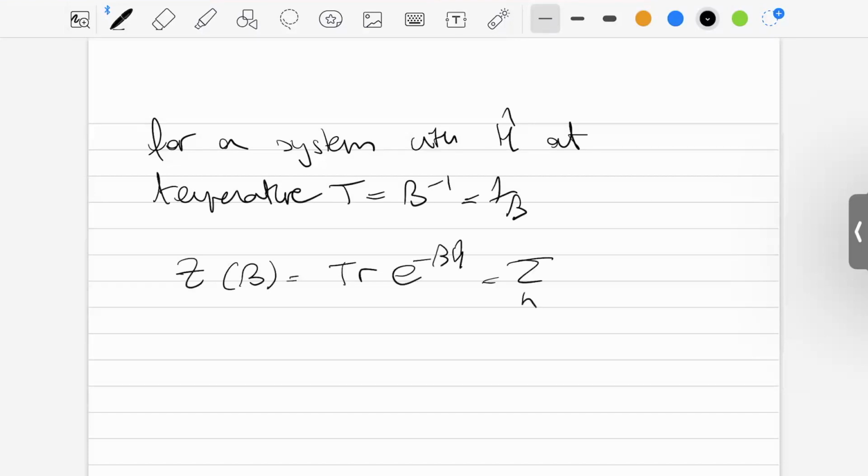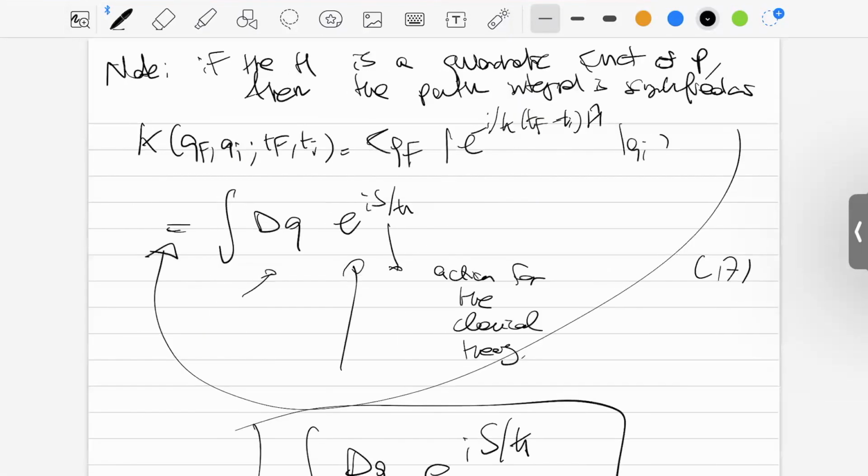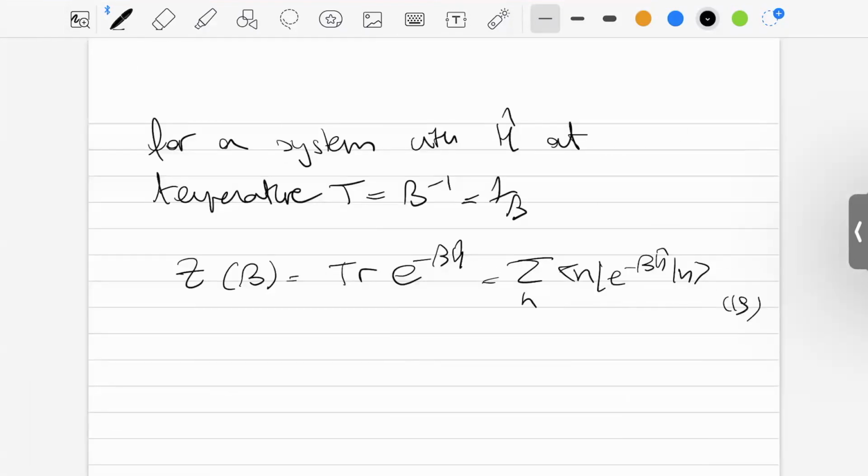A trace means it's a sum of all the diagonal entries. So this is equation 19, where these |n> form a basis of the Hilbert space.